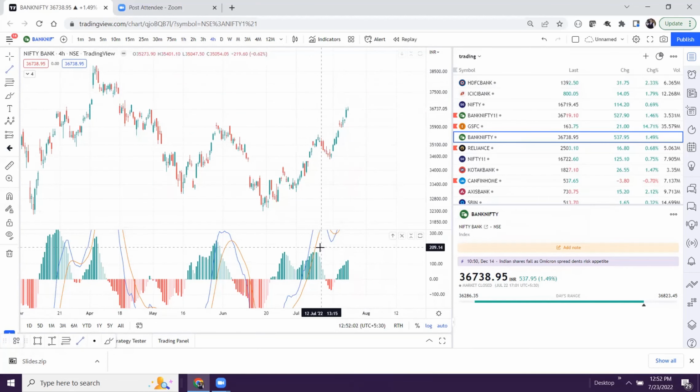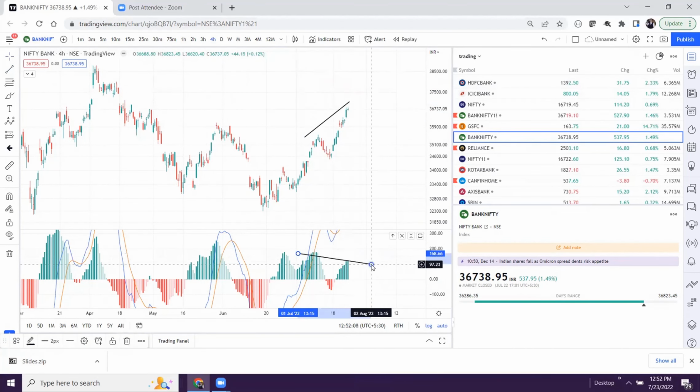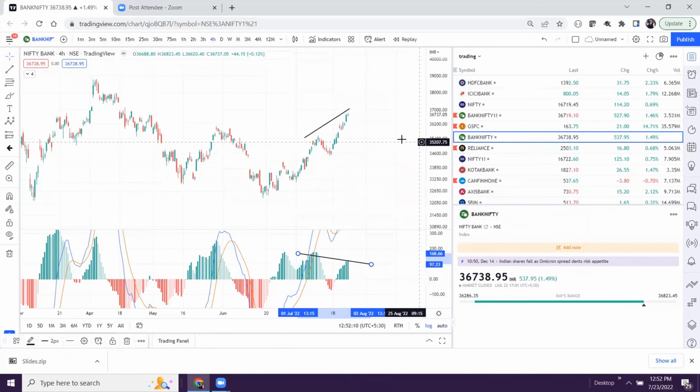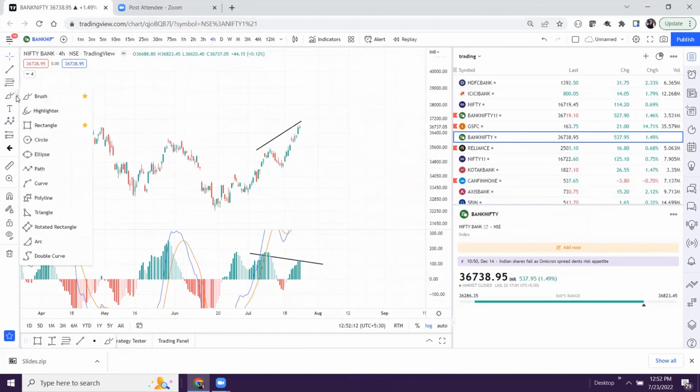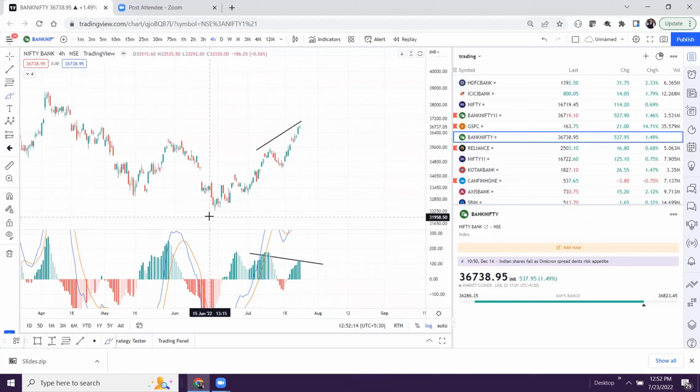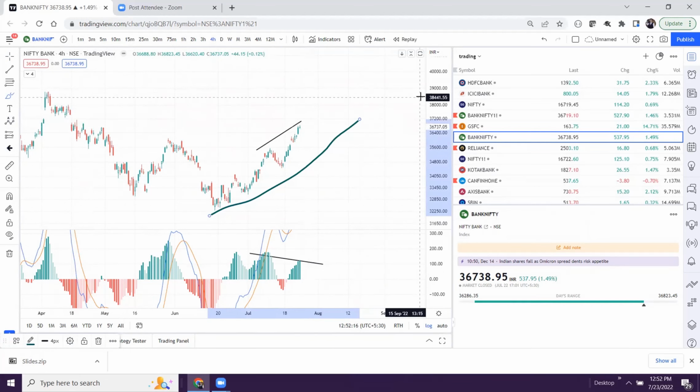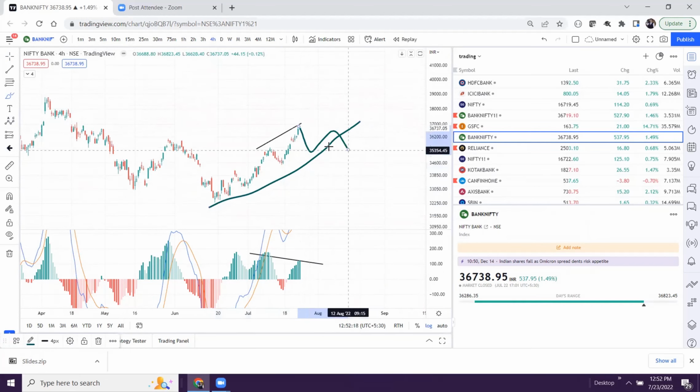Between this and this there is a divergence. So whenever we see divergence, there is a good chance of pullbacks. Now a pullback can be a small pullback, or if this is the last wave, then it can be a bigger pullback. But in both cases, we are expecting some sort of pause in the uptrend.